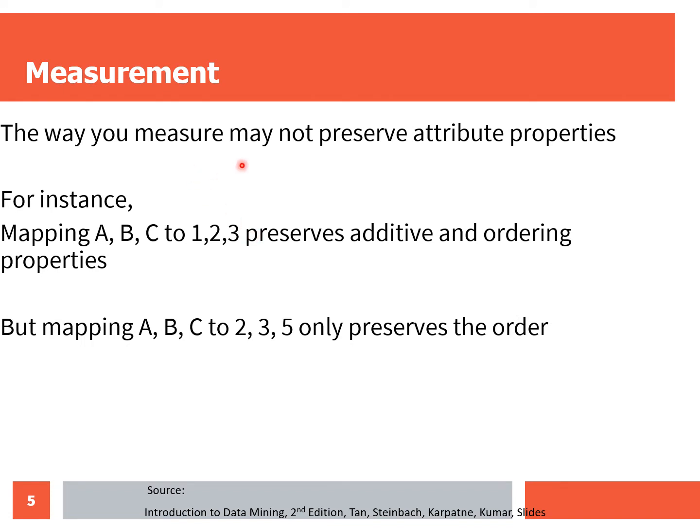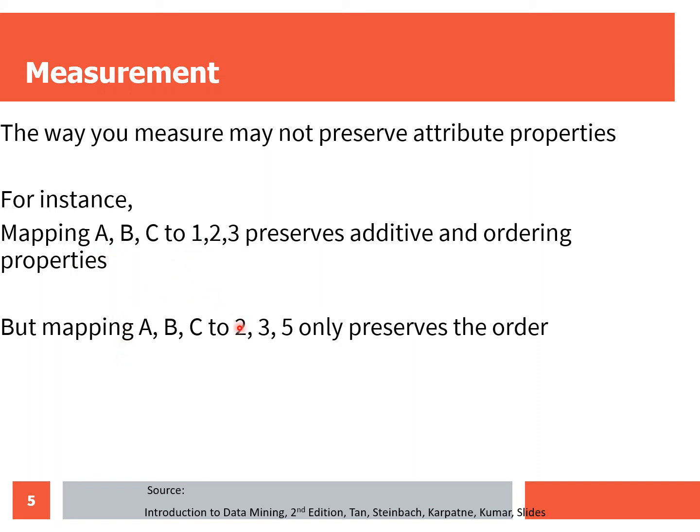The way you measure may not preserve attribute properties, and sometimes it may preserve the properties. For example, if I map A, B, C to 1, 2, 3, it is basically preserving the ordering property as well as the additive property of these attributes.